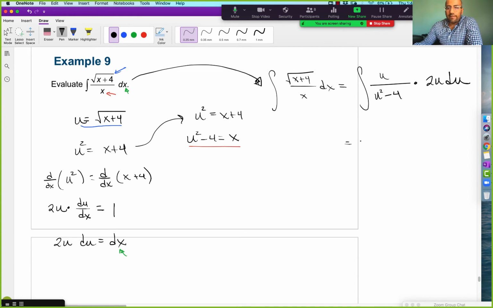Let's pull out that 2, no need to have that. Then we end up with 2 times the integral of u squared over u squared minus 4, du.